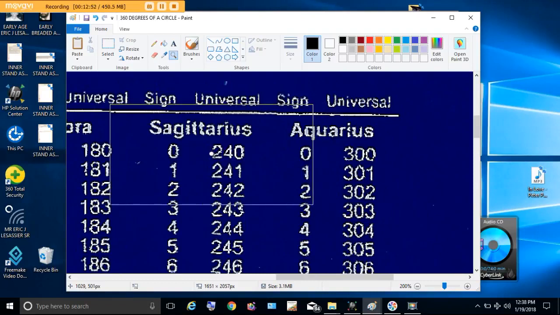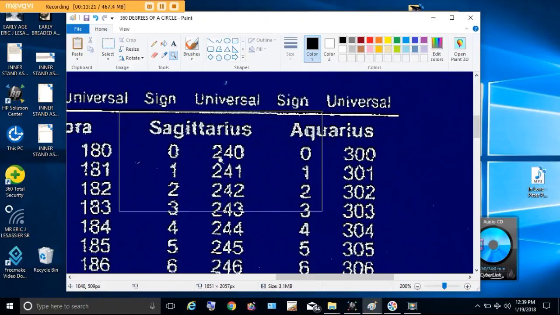When it enters 0 degrees of Sagittarius, the value of 0 degrees as the sun passes through that degree is equal to 240 degrees on the 360 degree universal chart, because everything is in a vacuum of 360 degrees.